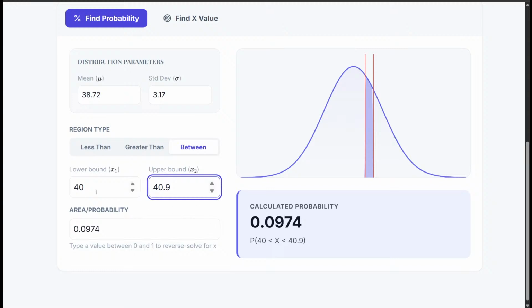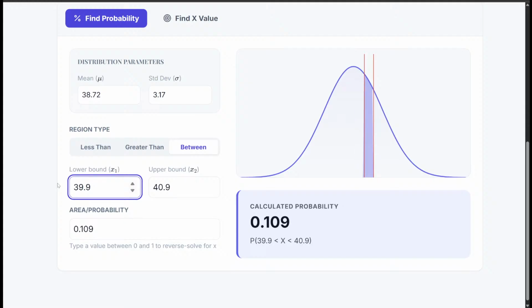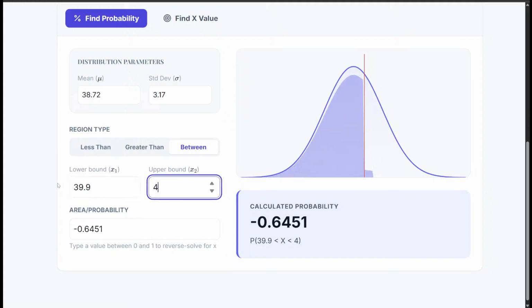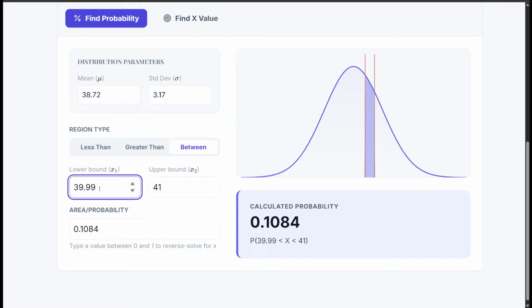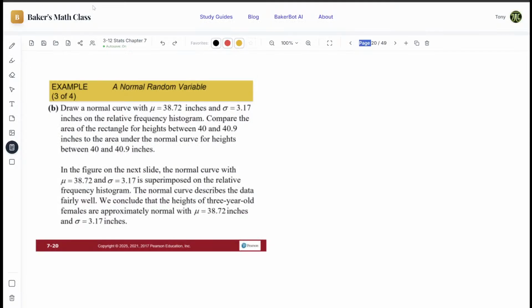So between 40 and 40.9, and because it's not equal to, it's actually literally between them. You go a little above, a little below. So I got 0.1189. Let's see what they got.